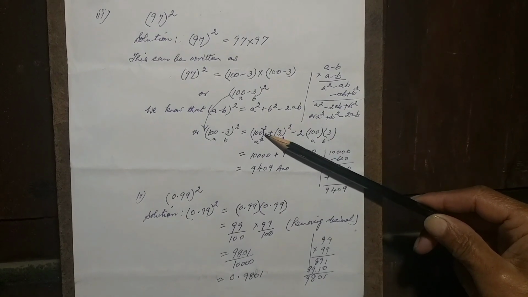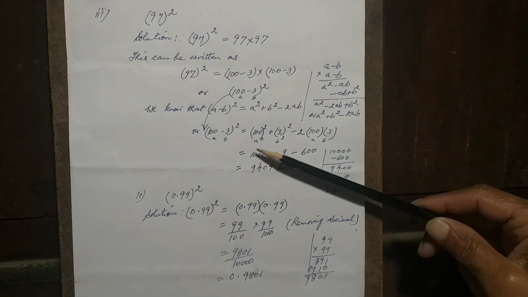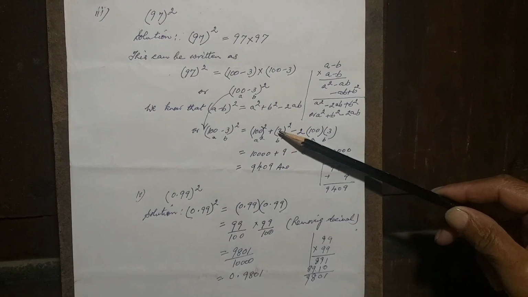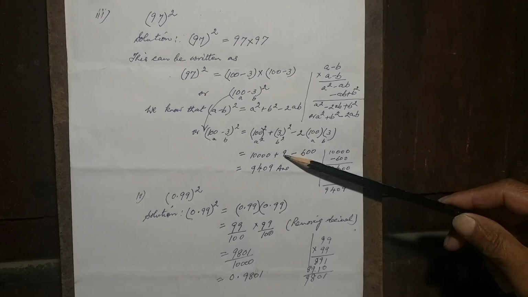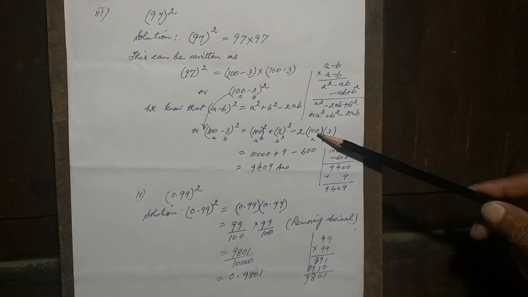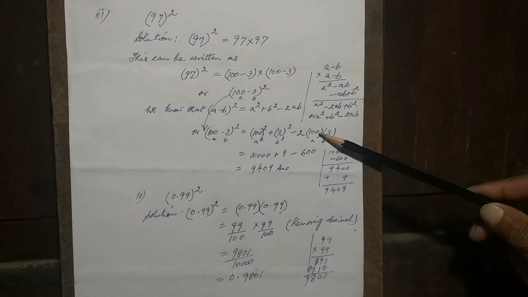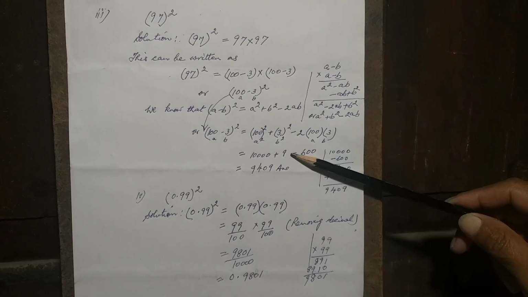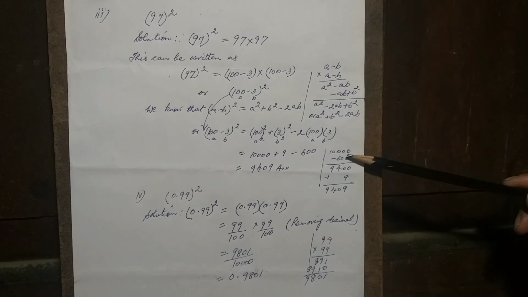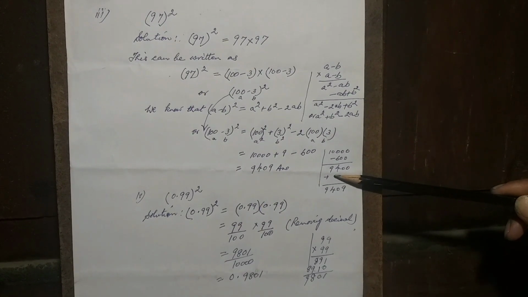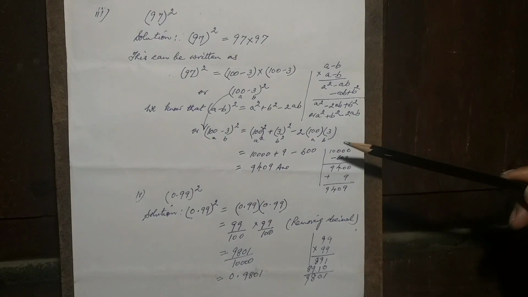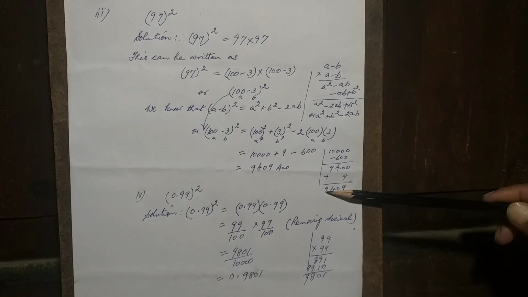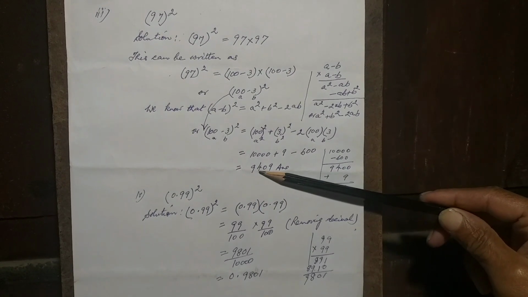Now this 100 square becomes 10,000. This is 100 multiplied by 100 gives us 10,000. 3 multiplied by 3 gives us 9. And 2 multiplied by 100 gives 200. Again multiplied by 3 gives us 600. So we have 10,000 plus 9 minus 600. 10,000 minus 600 gives us 9,400. And plus 9, we get 9,409 as the answer.